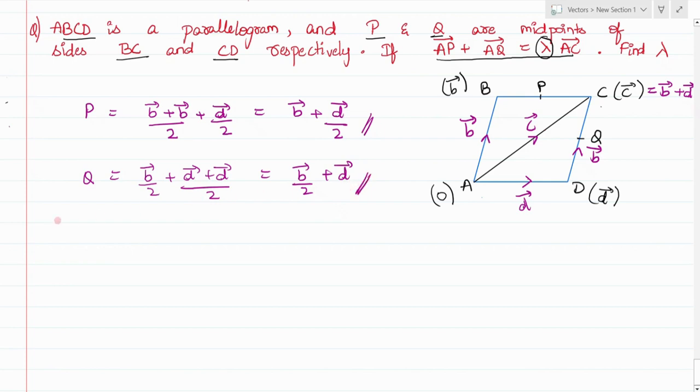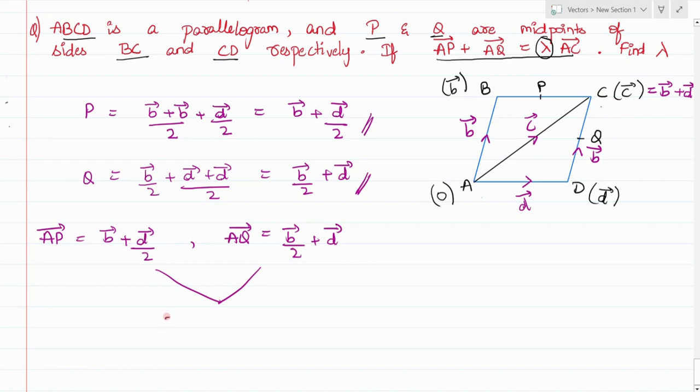Now we need to find the value of the AP vector. As A is the origin, it remains the same as the P vector. Similarly, for AQ, it remains the same as the Q vector because A is the origin over here. Now, let's add these two vectors.